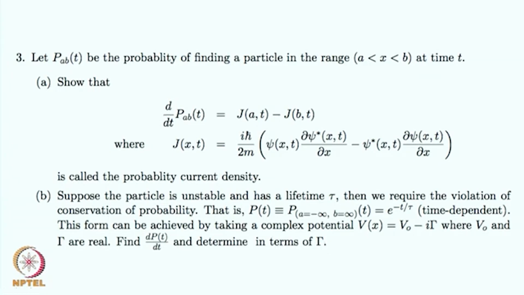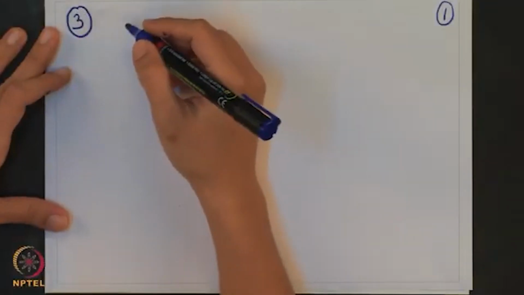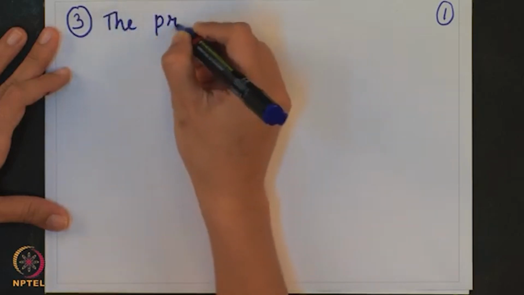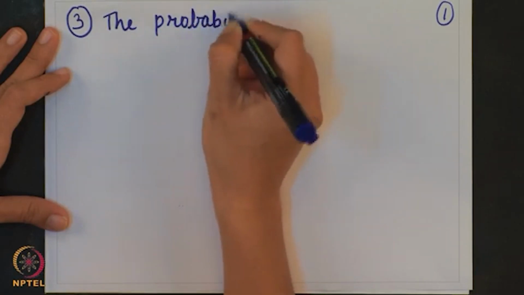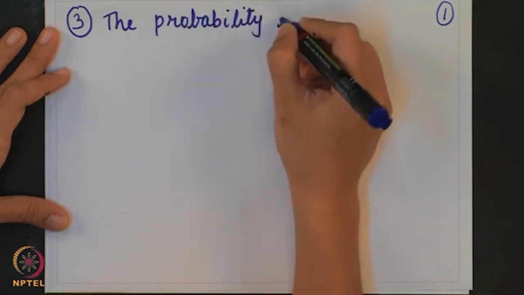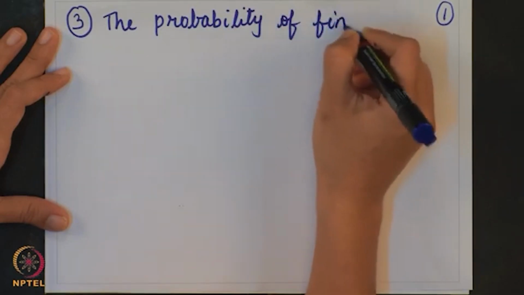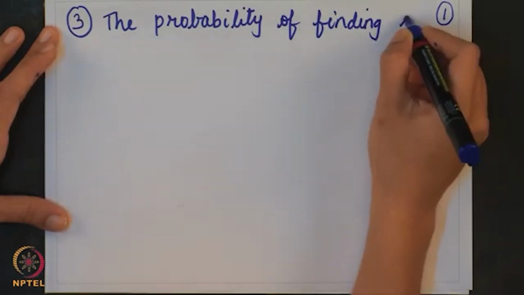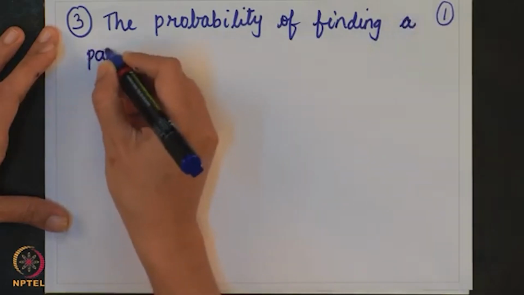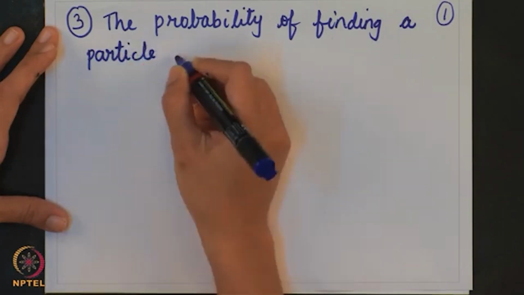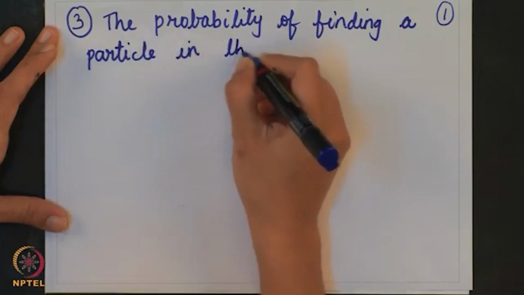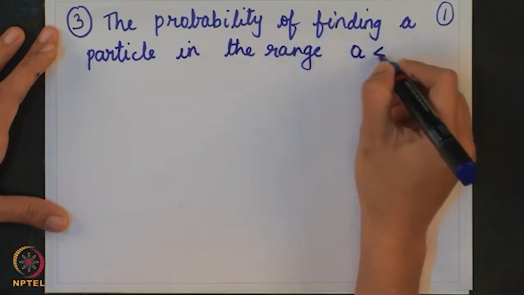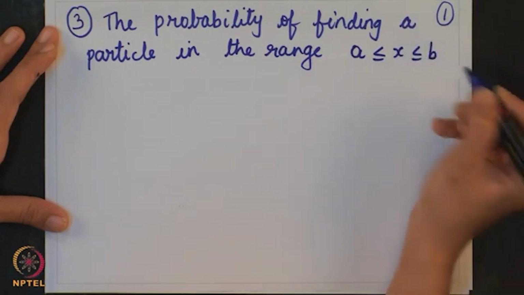So let us get started. Third problem of the first tutorial. We write the probability of finding a particle in the range between a less than or equal to x less than or equal to b.